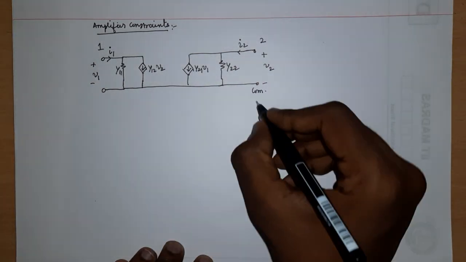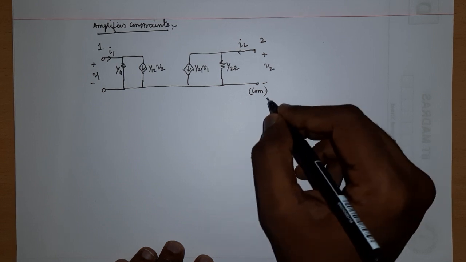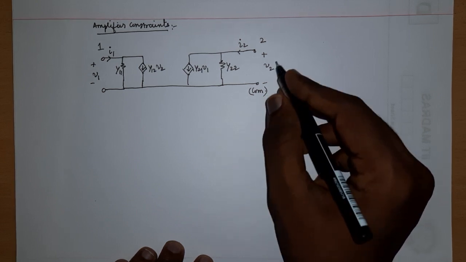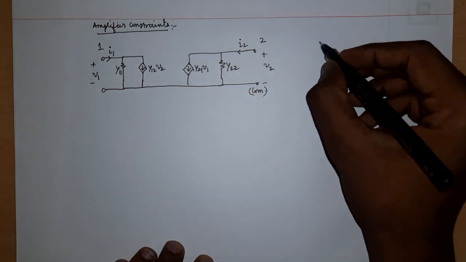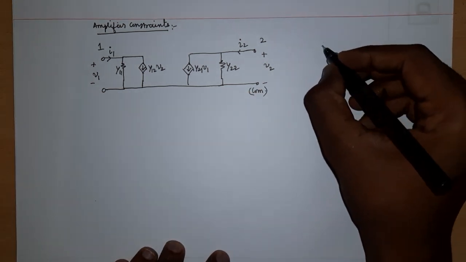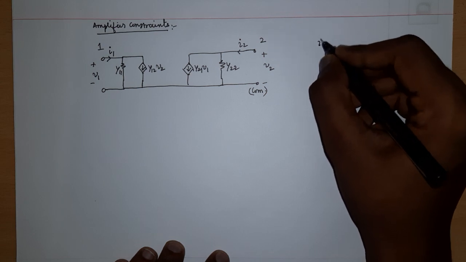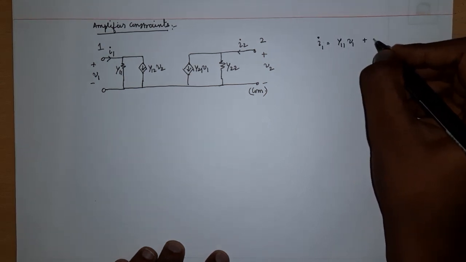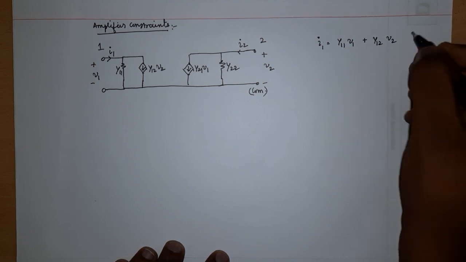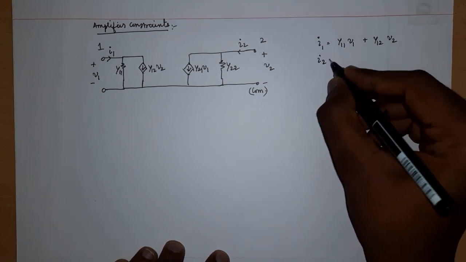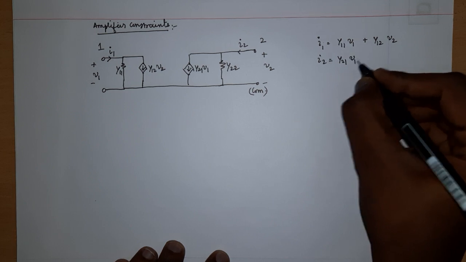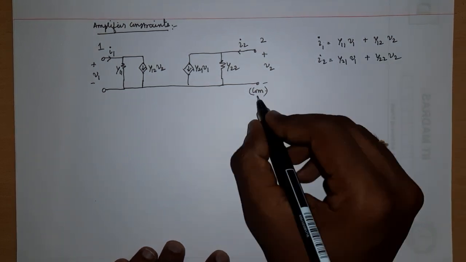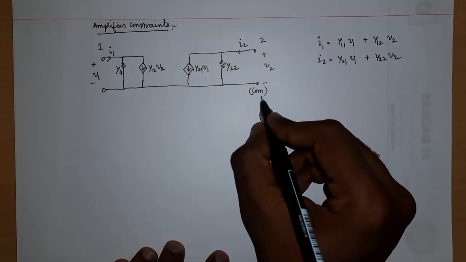I have assumed that the common terminal is 0, or grounded, and that is why, when I wrote the expression, it was something like this. I1 is equal to y11 v1 plus y12 v2. Okay, and I2 is equal to y21 v1 plus y22 v2. But this is under an assumption that this common terminal is grounded.